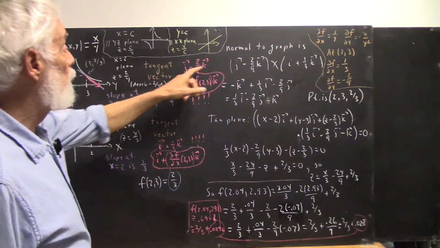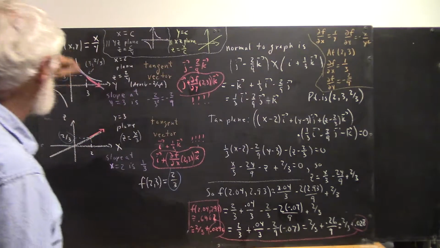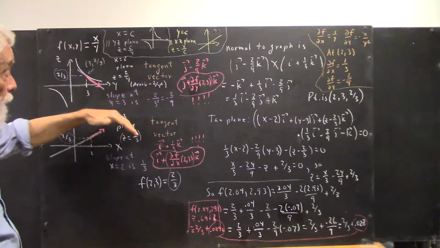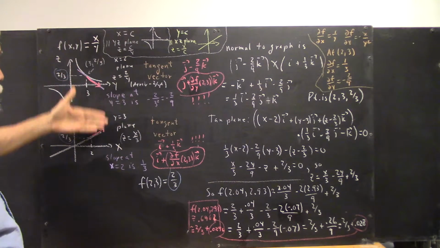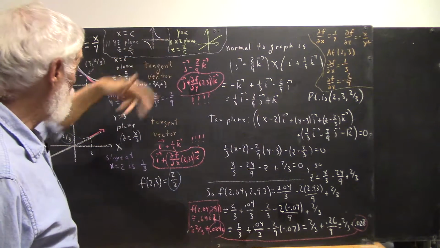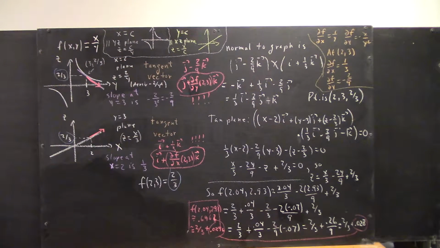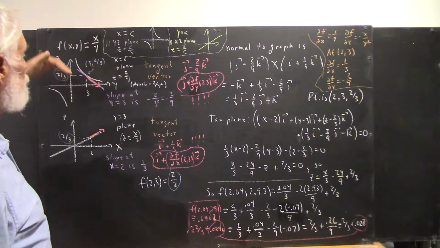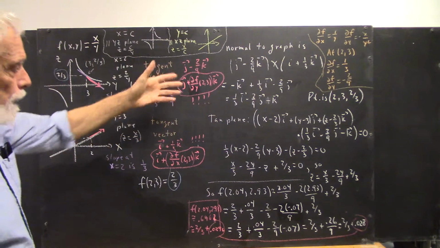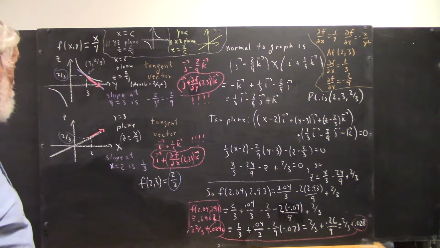So this vector is going to be tangent not just to this curve, but to the entire surface. It'll be confined to the x equals 2 plane, as it is because you have no i component. But it's still going to be tangent to the surface.